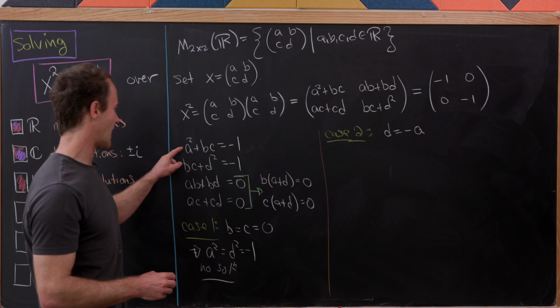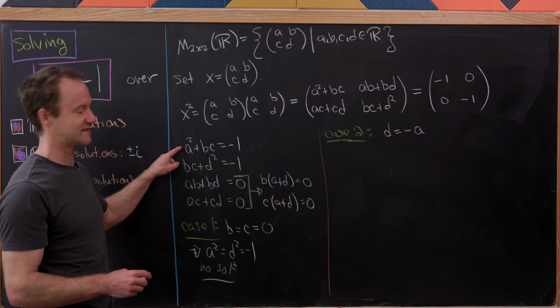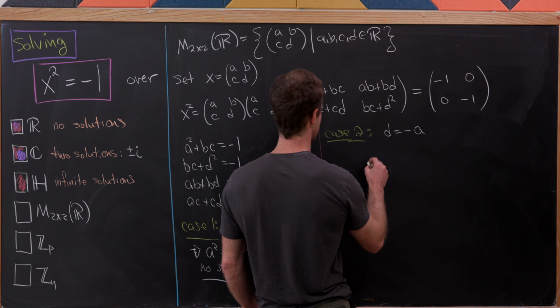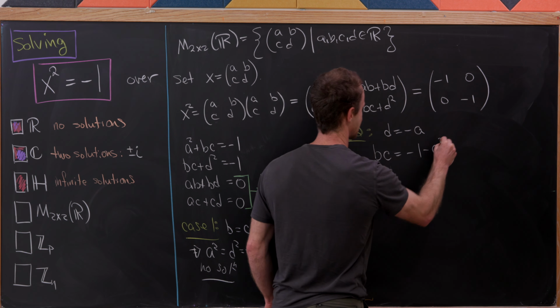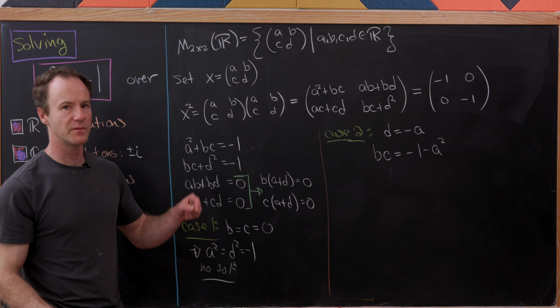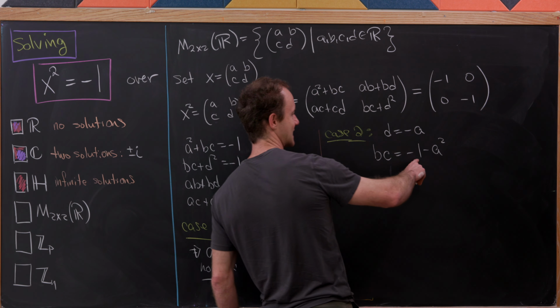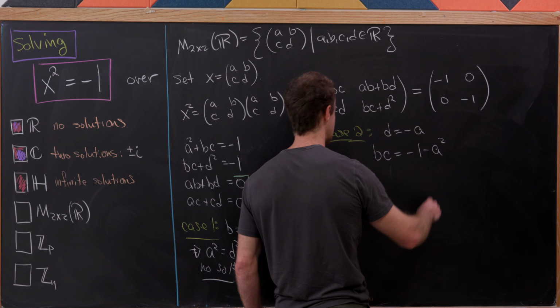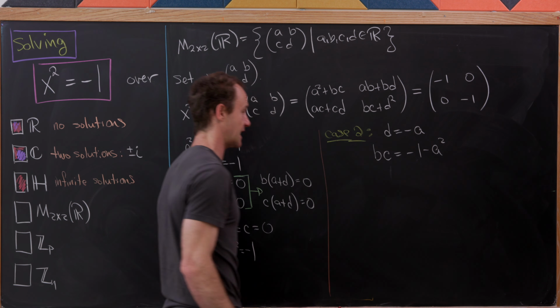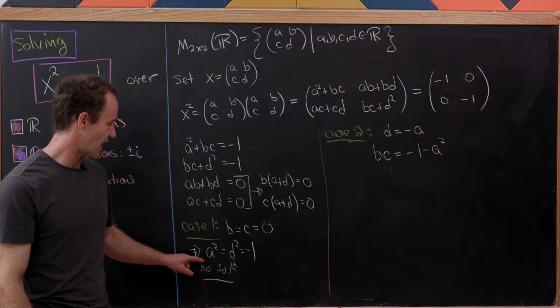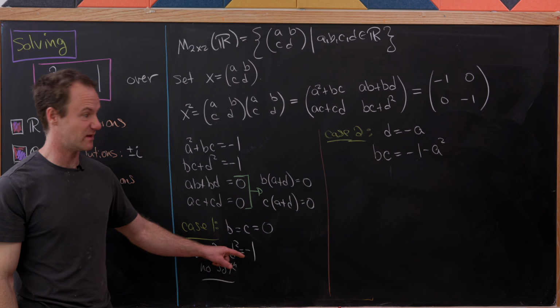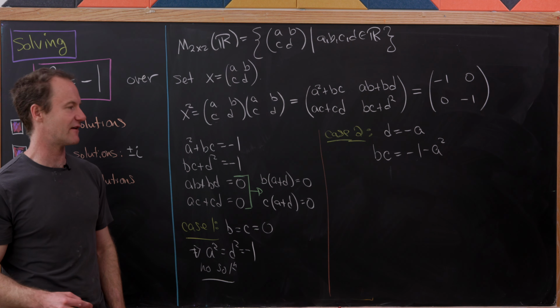So we could perhaps solve this equation for C. So that gives us something like this. We have B times C equals -1 minus A squared. And then from there, let's notice that this right-hand side is definitely not 0. Because if this right-hand side were 0, that means A squared would be -1. But if A squared is -1, then we're inside complex numbers, and we can't have that.